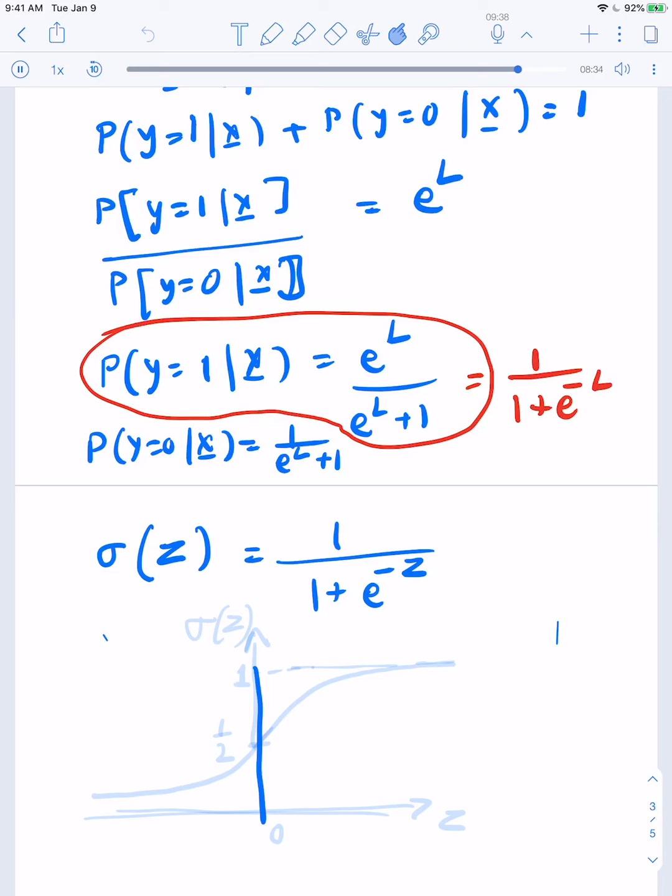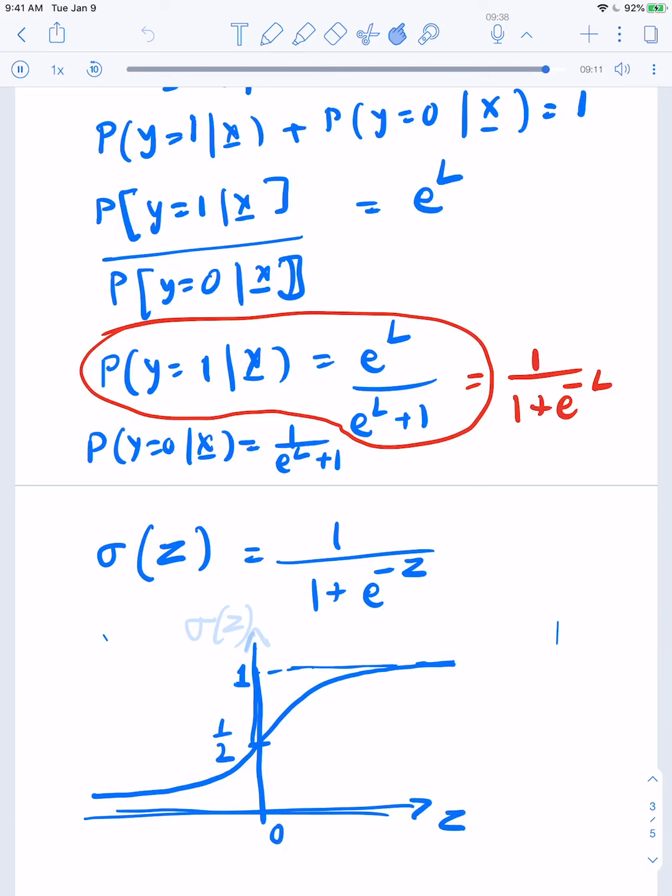And as z goes to minus infinity, e to the minus z goes to plus infinity, and so I have 1 over infinity, which goes to 0. And when z equals 0, e to the minus z is equal to 1, so sigma of z is half, right? So I have half at 0 and tending to 1, symmetric around half, and the asymptote here is 1, the asymptote here is 0. That is sigma of z.